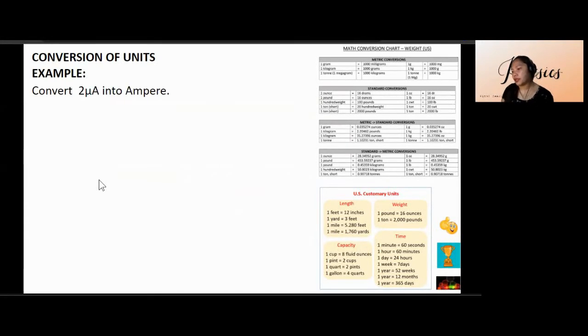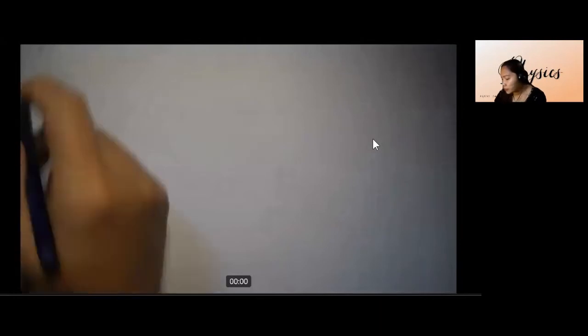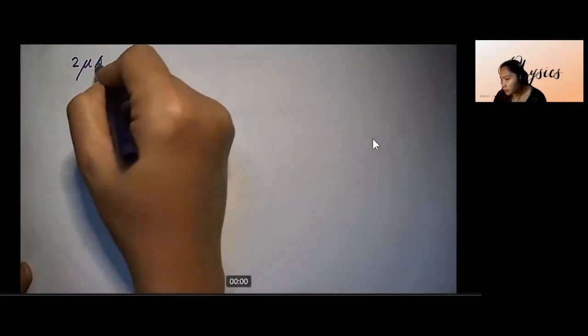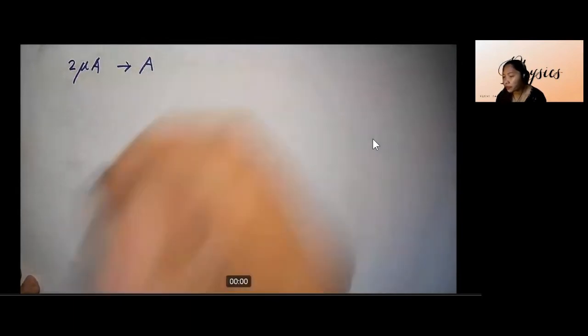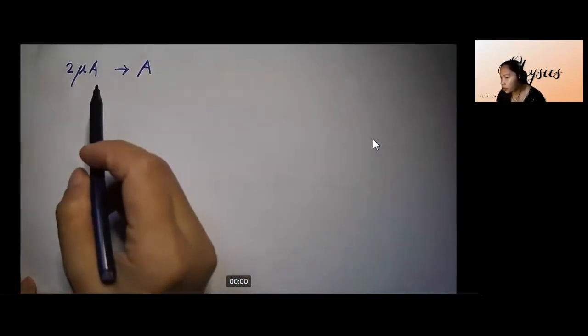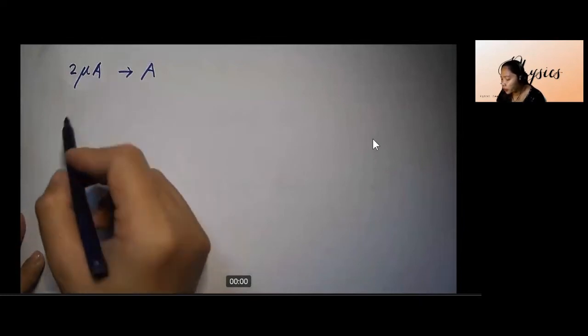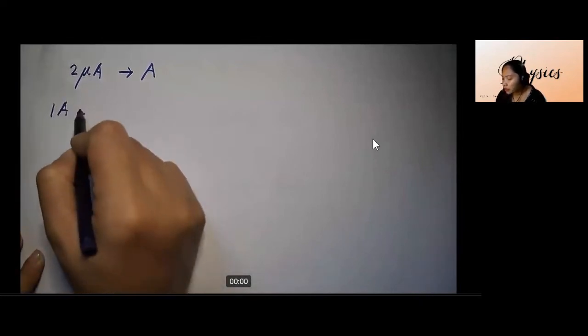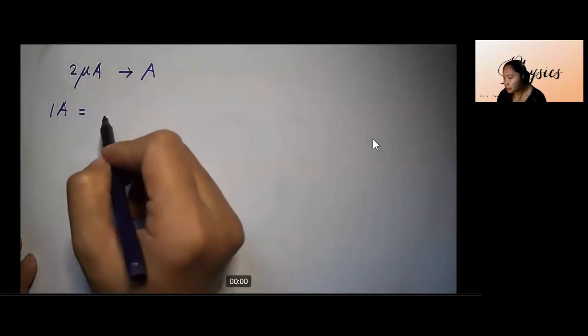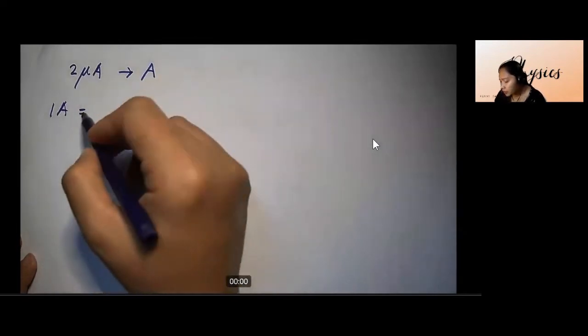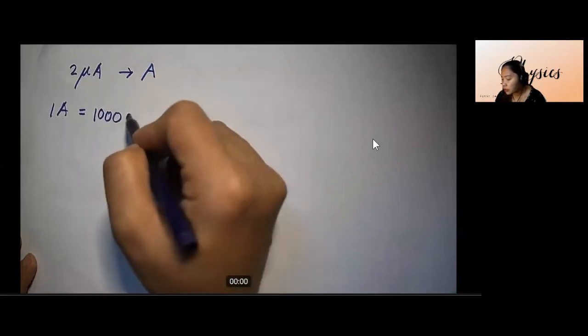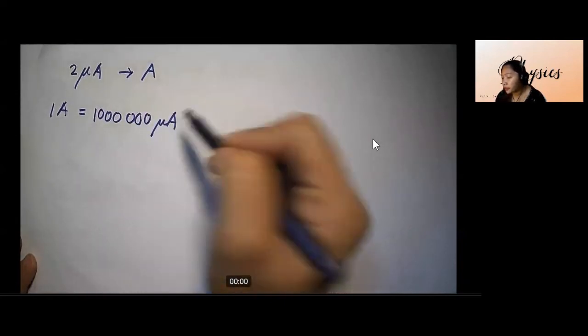Alright, so another example that we can try. Let's practice. Convert 2 microampere into ampere. If we are going to use the conversion factor, we know that for every 1 ampere, the equivalent in microampere is 1 million microampere.